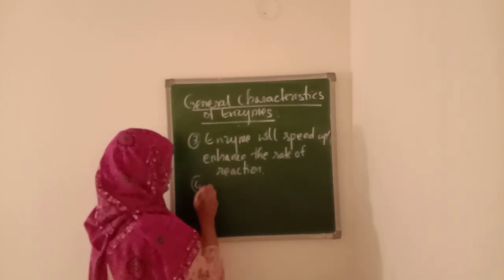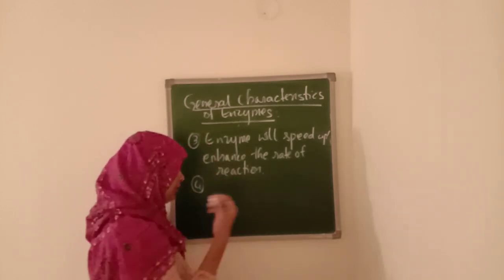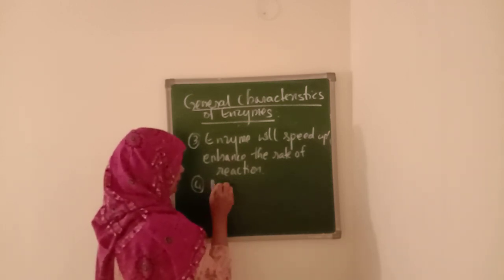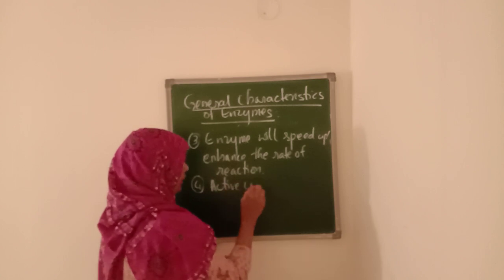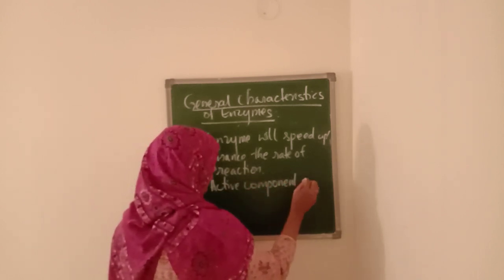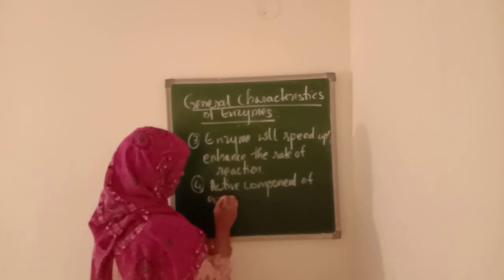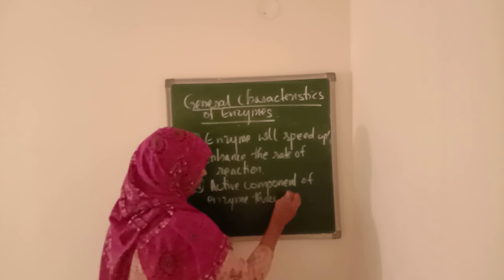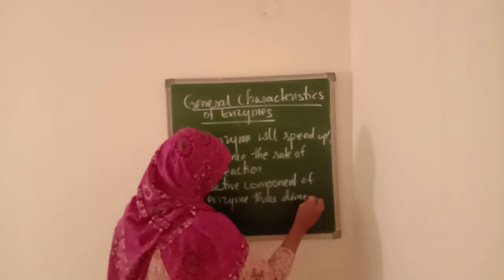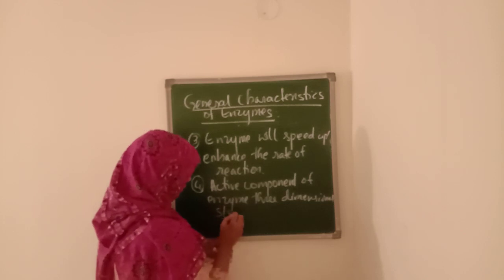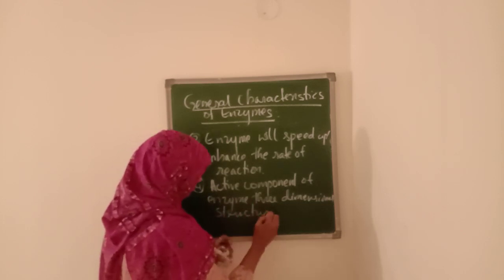Next, as we discussed in the first class, the active component of the enzyme has a three-dimensional structure.